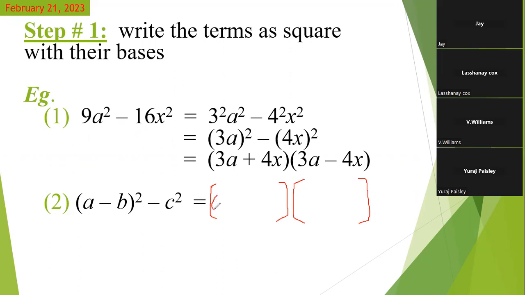The first one is the bracketed expression squared, so that is a minus b squared. So we put that in the bracket as a square term. What is the next square term? c. We put that in the bracket as a square term. And we put the same 2 over here in the other bracket, a minus b as a square term. And then we have what?